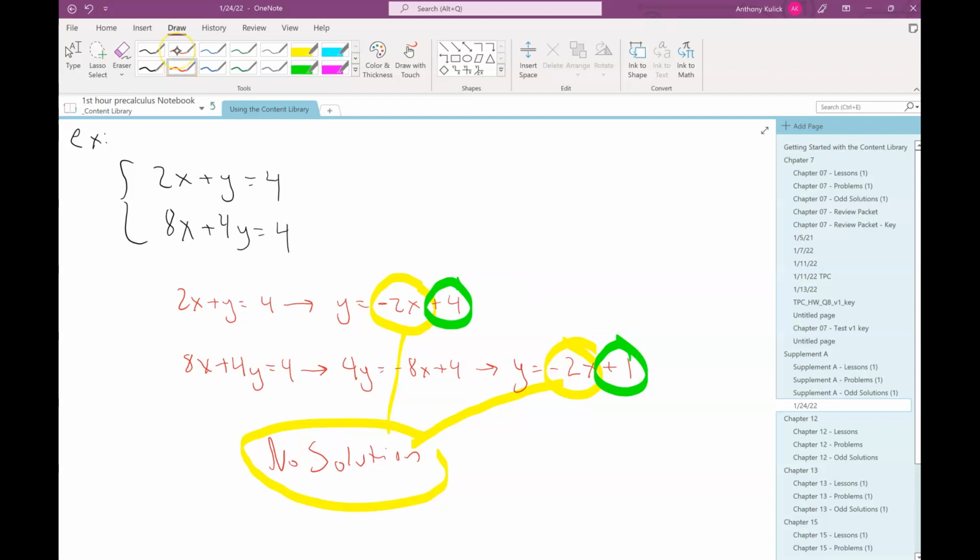Or, even better, again, for me, I can look at the original pair of equations and tell that this is no solution. So I can see that the x and y's are the same factor, but the other constant is not.